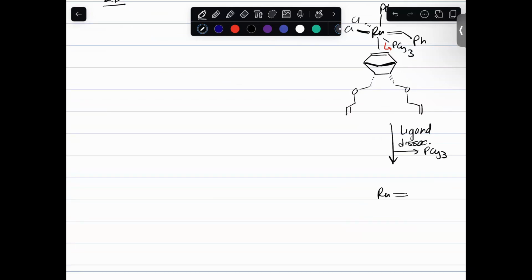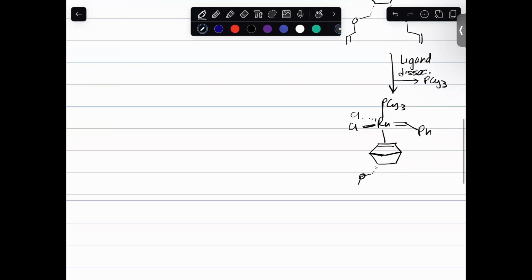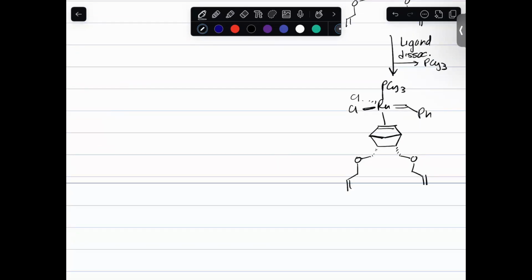You notice the ring is a symmetrical ring, so you can really start with whichever side you want. We do our migratory insertion, our pseudo-migratory insertion.